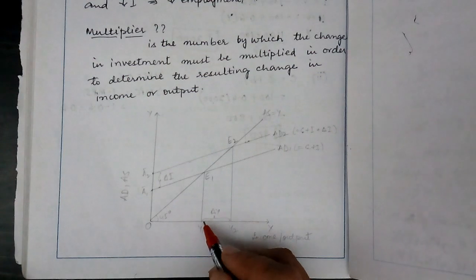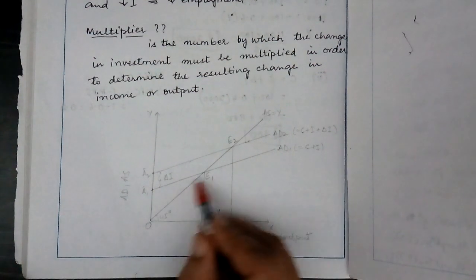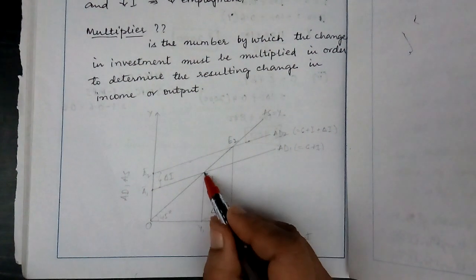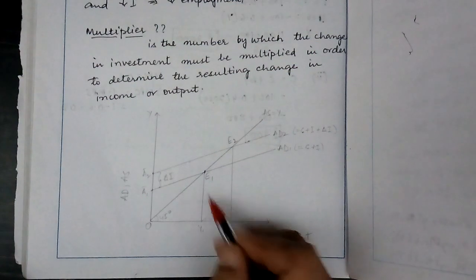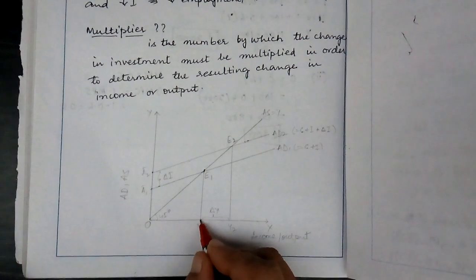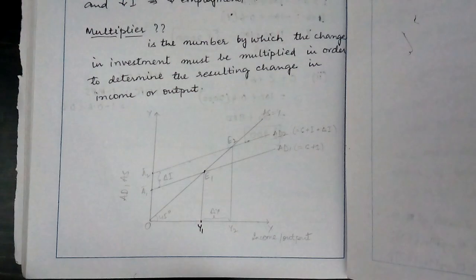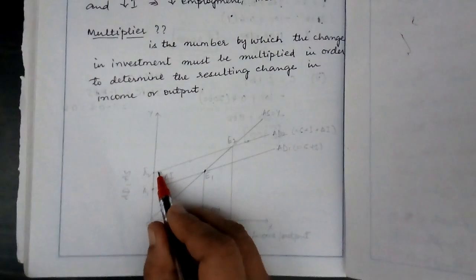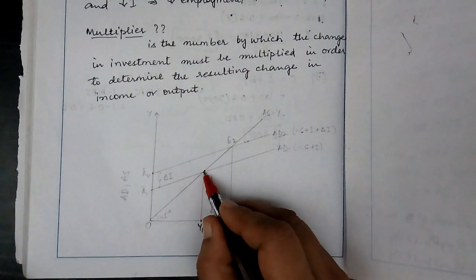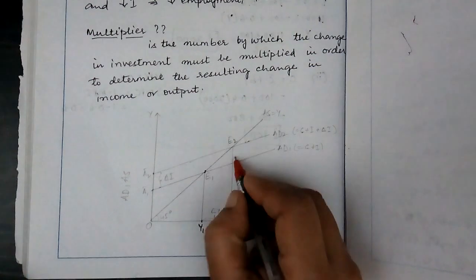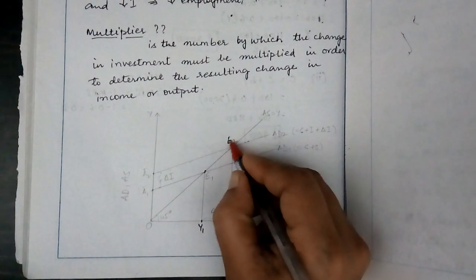Now the equilibrium which was previously on the first AD, at this point the level of income was Y1. Now with the additional investment, the equilibrium shifts from E1 to E2.